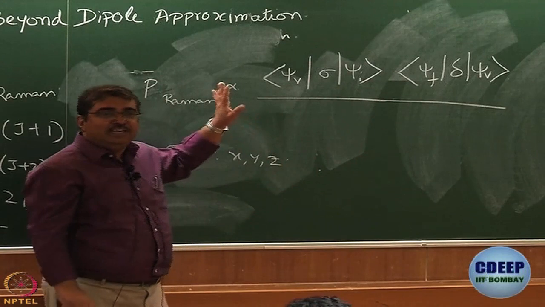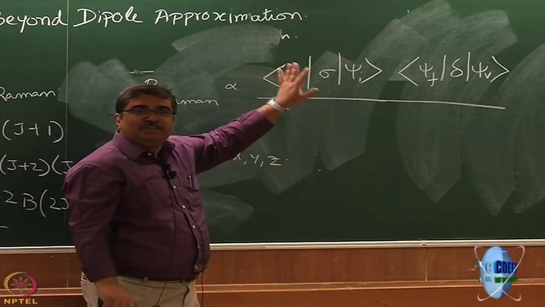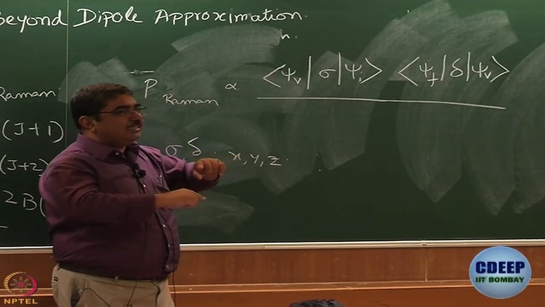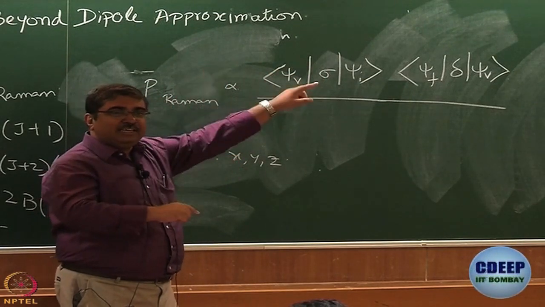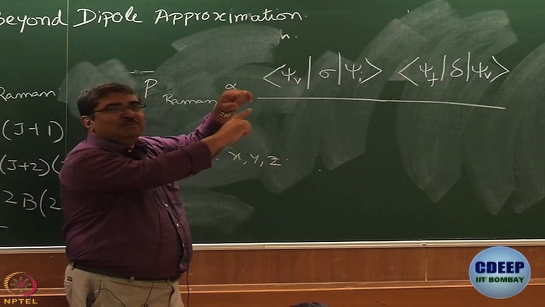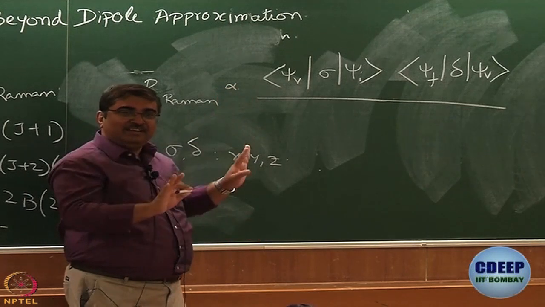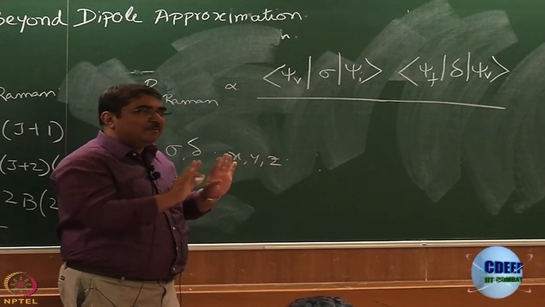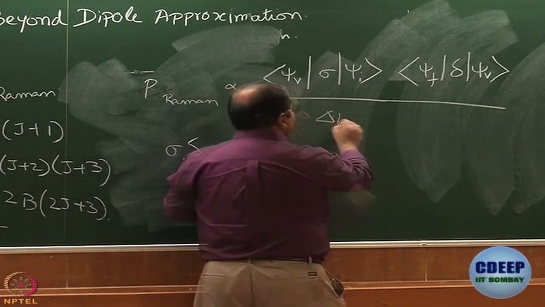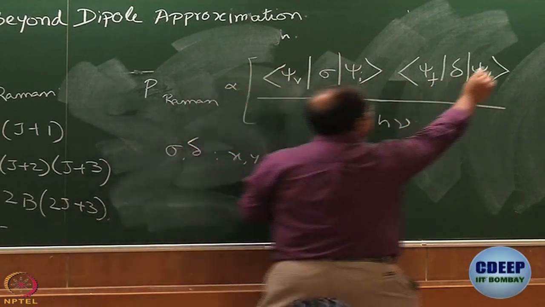So, even though we have not derived it, perhaps you can understand what this expression would mean. The first integral stands for promotion from psi I to psi v, the second integral stands for the, should I call it, demotion from psi v to psi f. Please believe me on this, and the denominator is delta E minus h nu, and this is all squared.